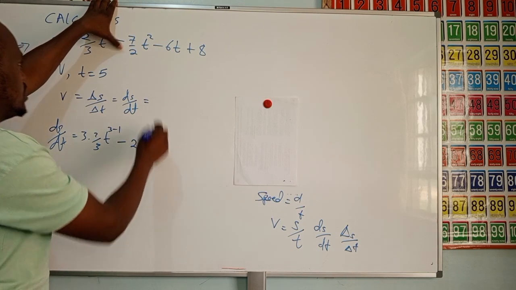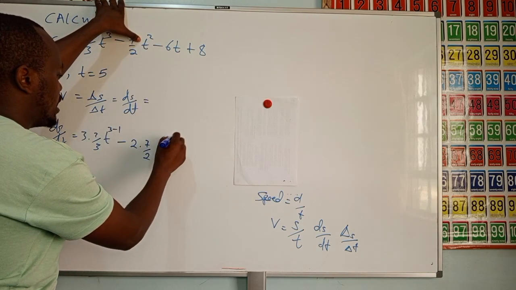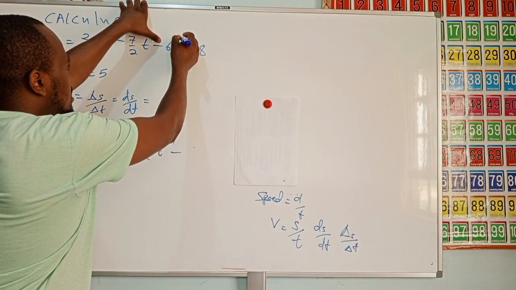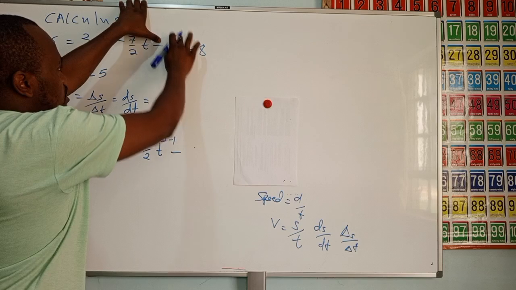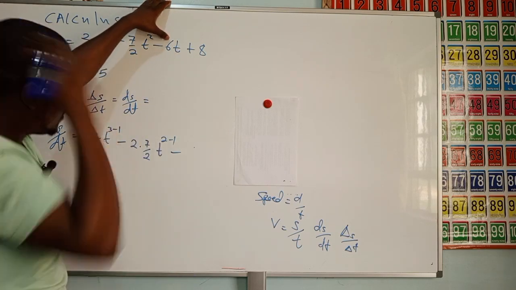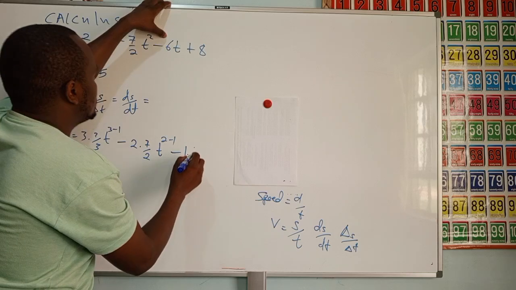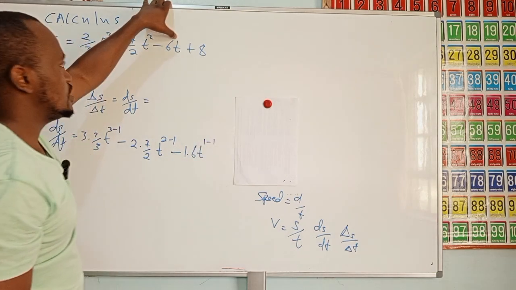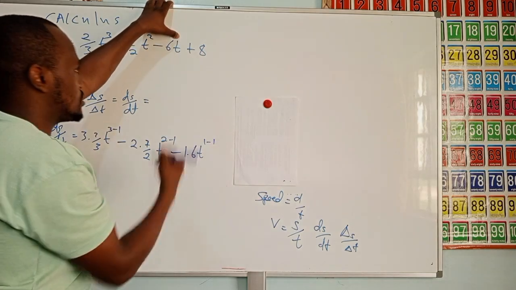Then t raised to 2 minus 1, minus 6. So this one is raised to 1. If it is not indicated and there is a t, it means it is raised to 1. Therefore, it is 1 times 6 t to the 1 minus 1. It was raised to 1, then you subtract 1.